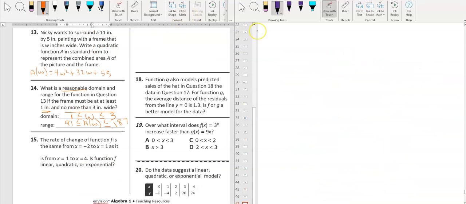Okay, and number 15, we're looking at the rate of change. We're looking to see if this function is linear, quadratic, or exponential. So it says the rate of change of function f is the same from -2 to 1 as it is from 1 to 4.